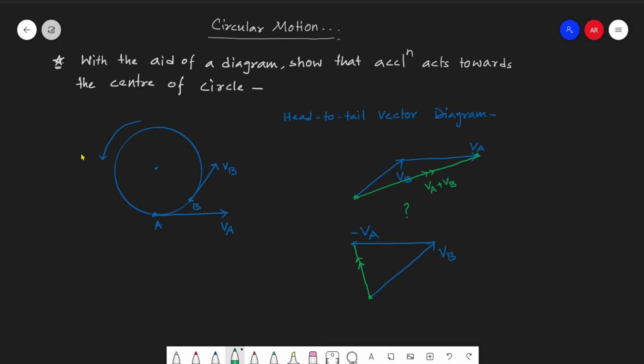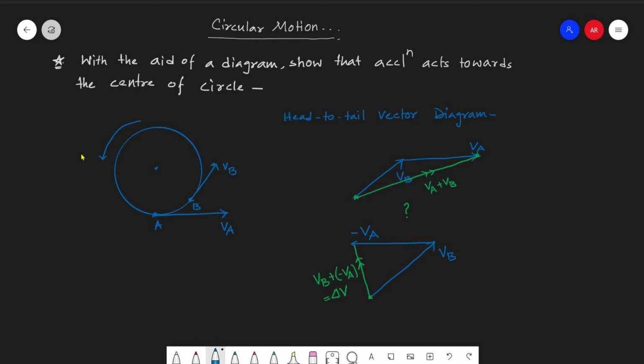So I drew it in the opposite direction, and that's why it is negative VA. The resultant started from the tail of VB to the head of VA, and we are adding them vectorially. VB plus negative of VA is VB minus VA, that is del V, the change in velocity.